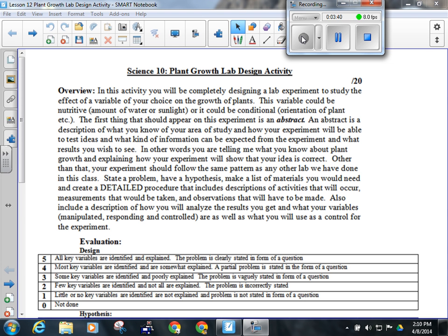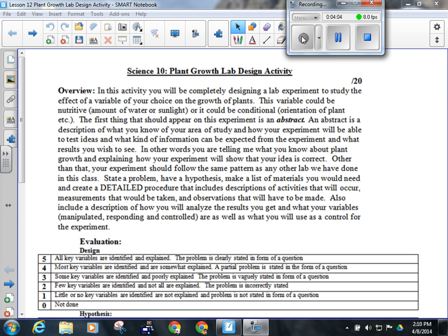You're going to be a little more complex than that. You may still want to do water, maybe how much of it, but getting water and not getting water, we know the outcome already. One dies, the other lives. The problem I would be investigating there would be, what is the effect of water on plant growth? Again, you're going to want to be a little more complex.